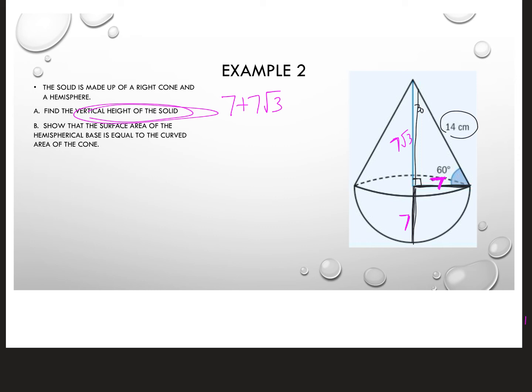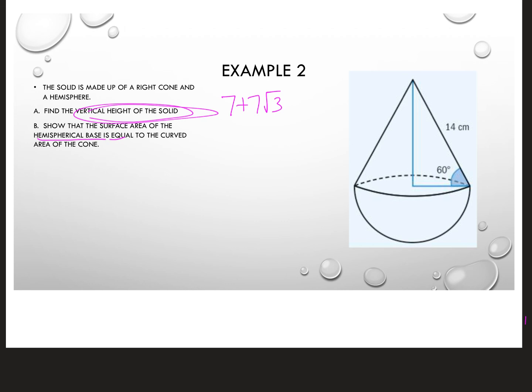Okay, next, part B is saying show that the surface area of the hemispherical base, so the surface area of this underneath part, is equal to the curved area of the cone.